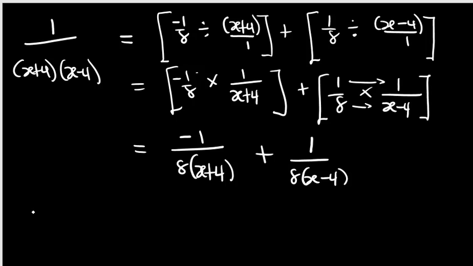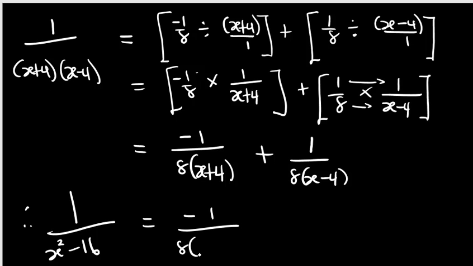Okay, so therefore your 1 over the x squared minus 16 is now equal to negative 1 over 8 x plus 4 plus 1 over 8 x minus 4.